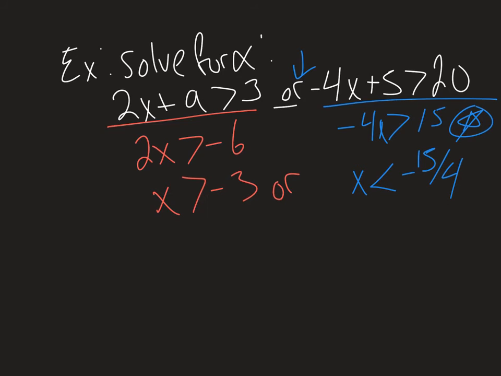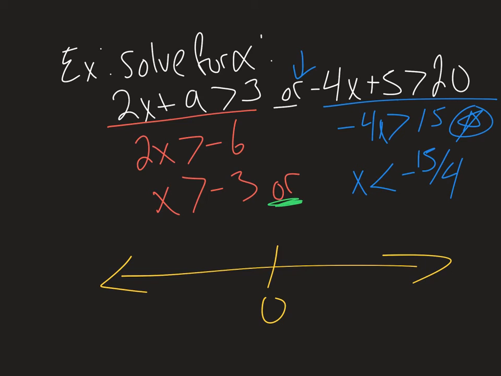So I have to consider a number line that allows for this. So if I was to plot this, let's say there's 0, negative 3 would be here, and negative 15/4 would be somewhere just before that. So x is greater than negative 3, which could be a hollow dot there.